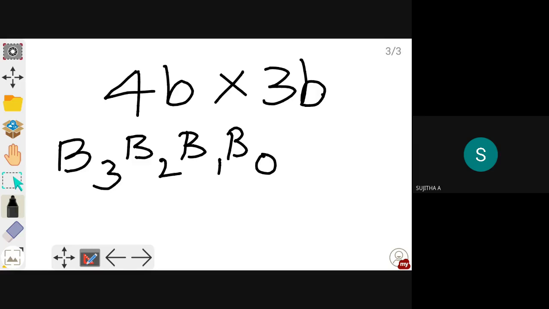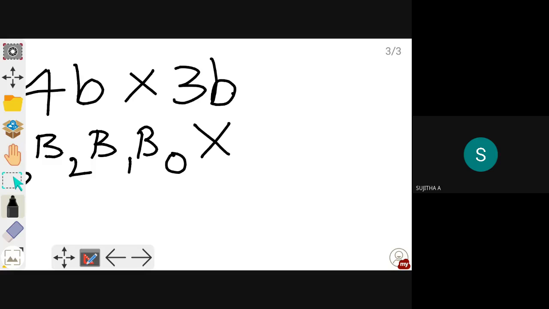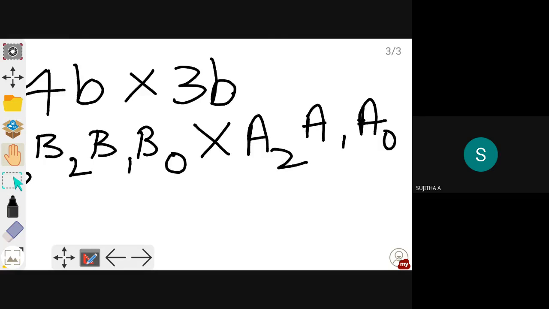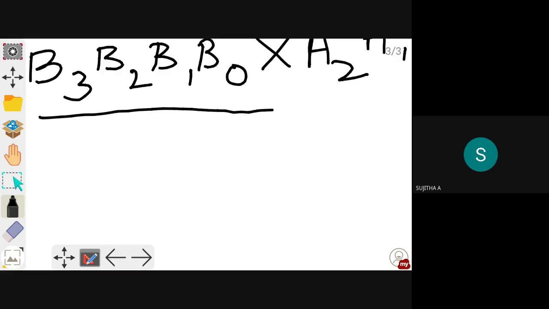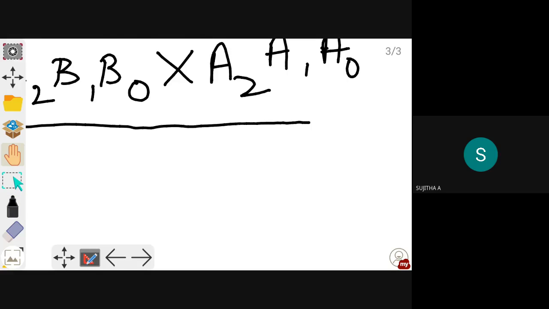This is the first 4-bit number, and you are going to multiply it by a 3-bit number: A2, A1, then A naught. So this is a 3-bit number and this is a 4-bit number. In normal multiplication, you first multiply A naught with all the other B bits.